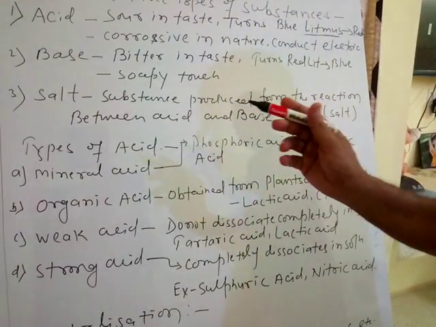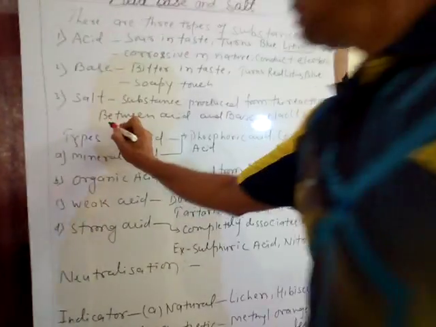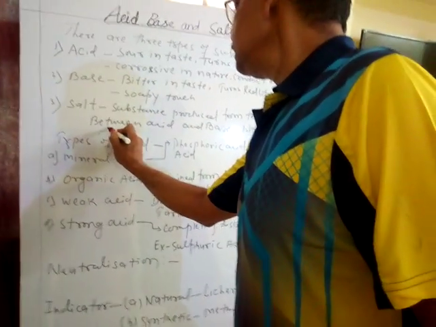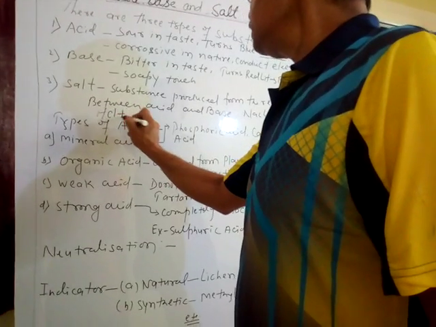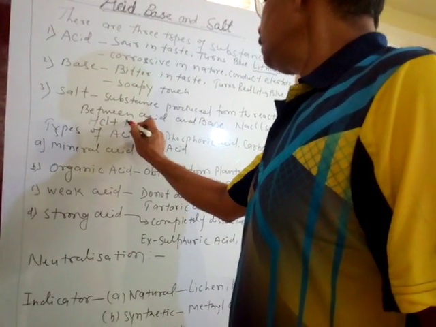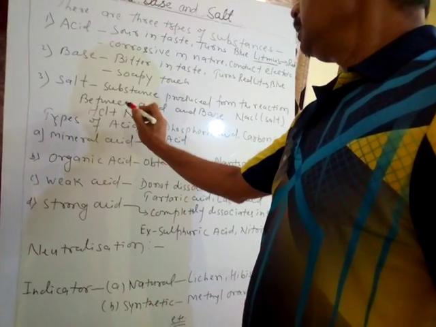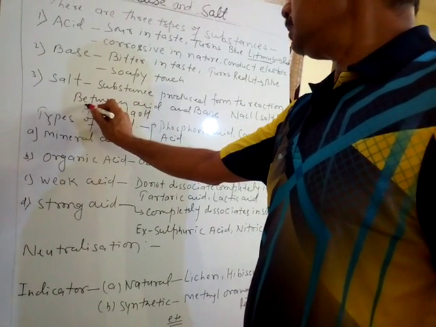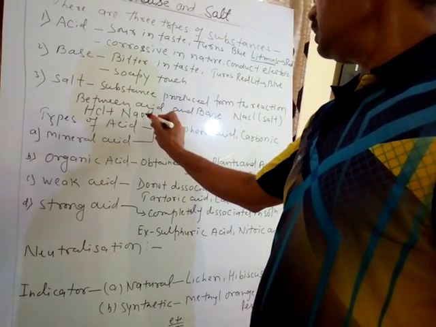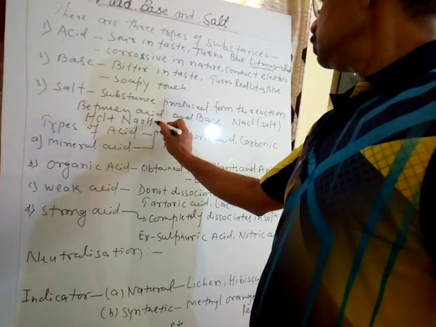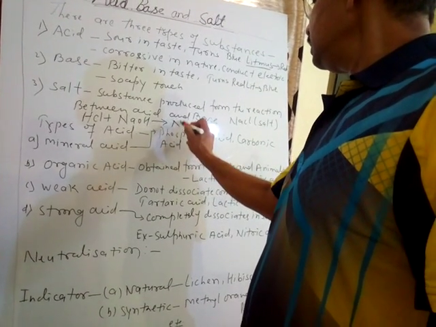As for example, I am writing here acid, that is hydrochloric acid, HCl, plus base sodium hydroxide, NaOH. As I told you earlier, the acid contains hydrogen, this H, and the base contains hydroxide, OH. So it produces NaCl.